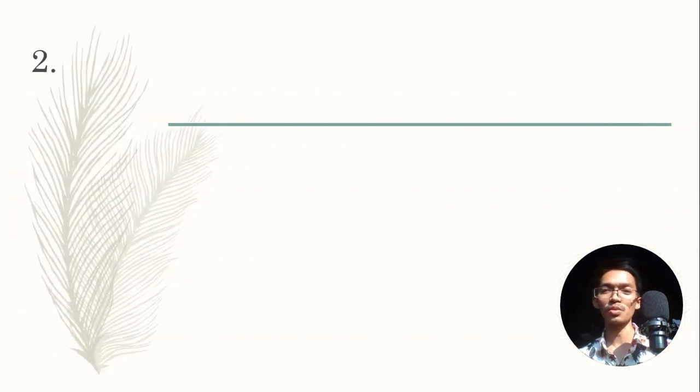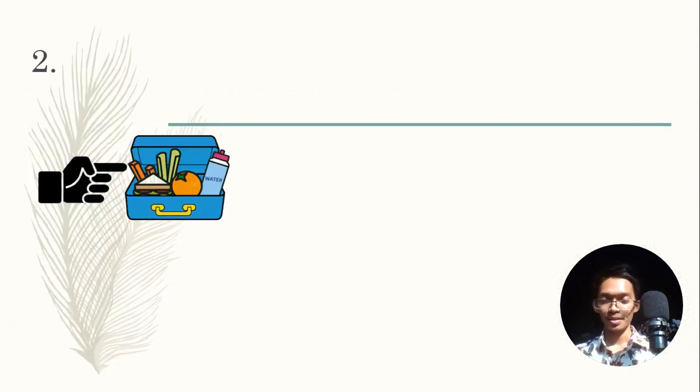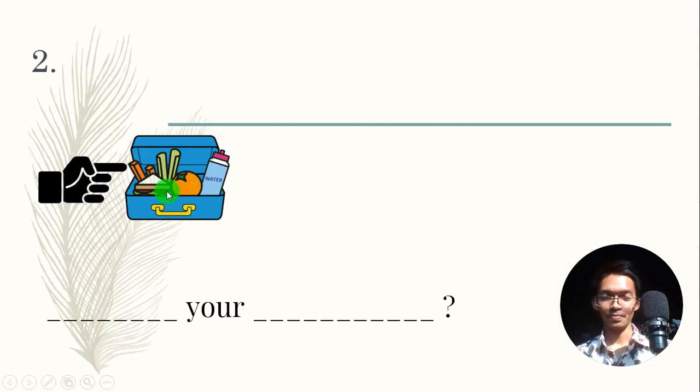Okay, now let's go to the next question. Number 2. What do we have here? A picture and the question. Now you have another type of question, because there is a question mark here. See the distance. The distance is very close to the object. And what object is this? Now please decide your answers.